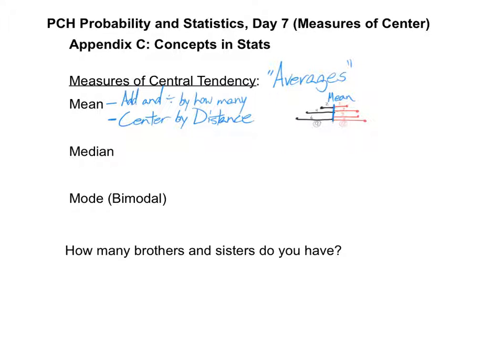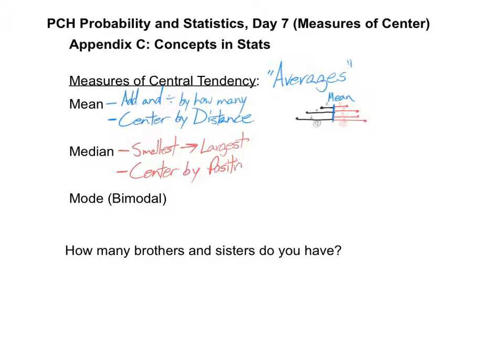Now, how do we find the median? Do you guys remember how to find median? You line them all up from smallest to greatest, and then you just mark off one from each side until you get to the center. Okay, good. So there, you have to position them all from smallest to largest, and you want the one that's in the center by position.